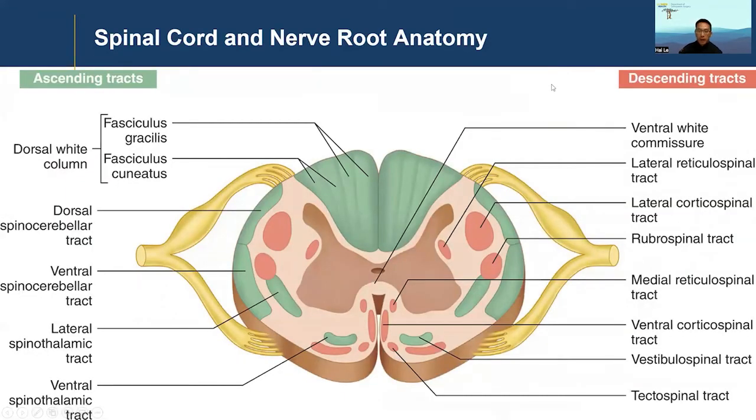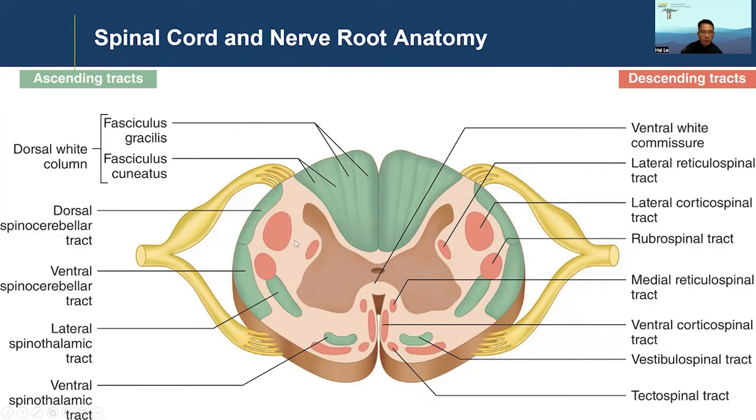When you look at spinal cord anatomy, it's really important to also understand the cross-section of the spinal cord so that you can understand the different types of spinal cord injury. I know it's a little bit complex on the slide, but several structures that you should really memorize are the spinothalamic tract, sitting in the front, and then the corticospinal tract here, as well as the dorsal white column.